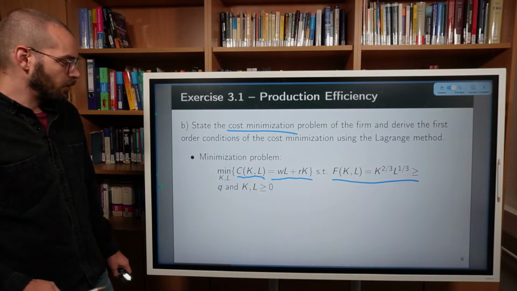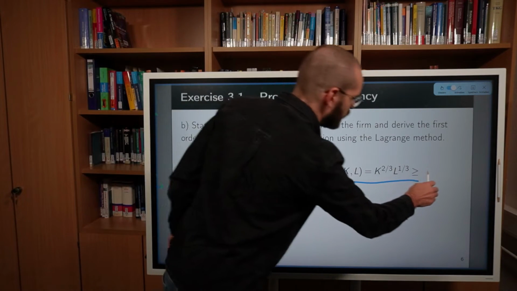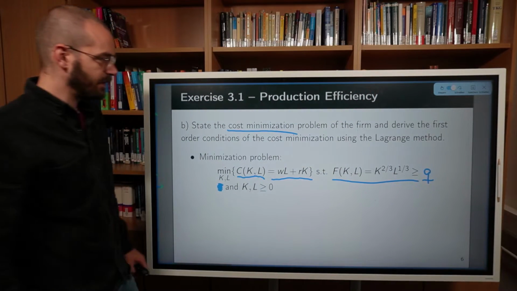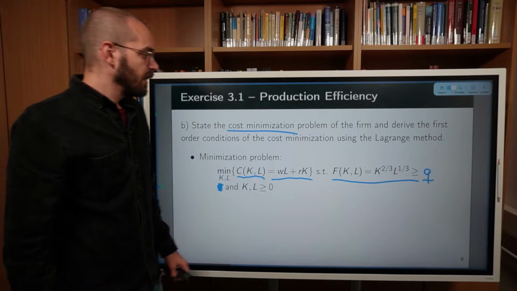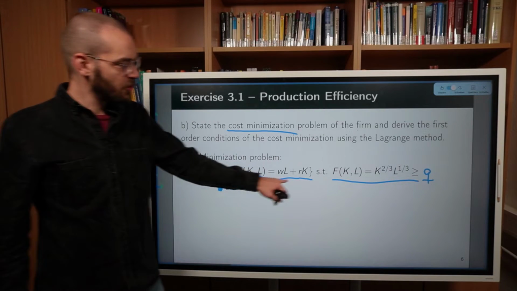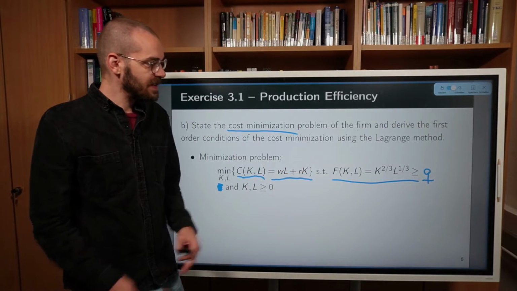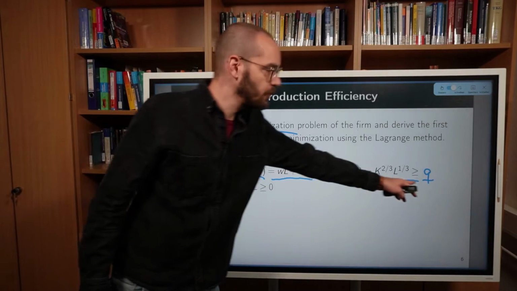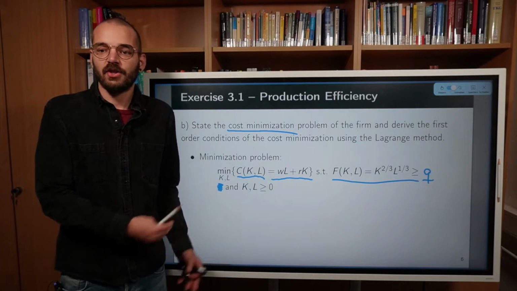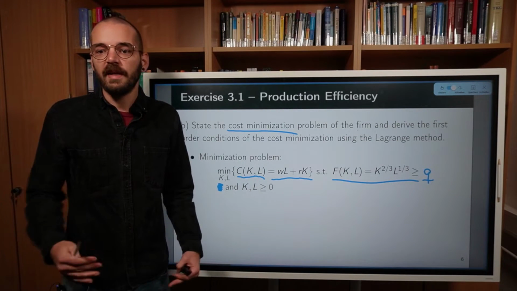All right, so this Q really should be up there and not down here. Yeah, right. So we want to minimize this cost function which we're talking about, such that we have a production output which is at least at some value Q, and at the same time we know that by logic of this exercise both K and L need to be larger or equal, or weakly larger than 0.